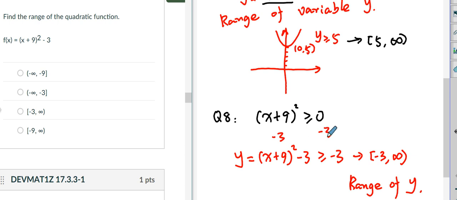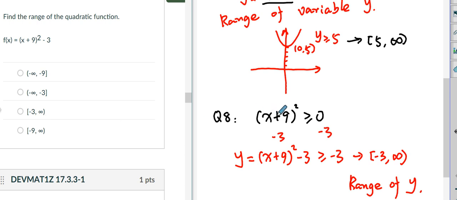So if we add -3, then the expression on the left-hand side will be the one right here, which is greater than or equal to -3. So in this case, the range of y will be from -3, including -3, to positive infinity. So the third choice will be the one.